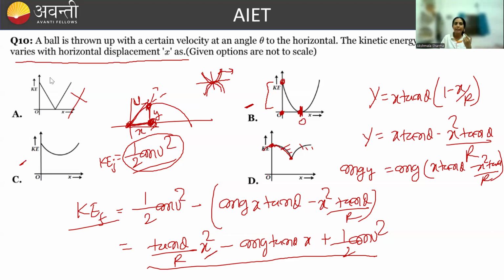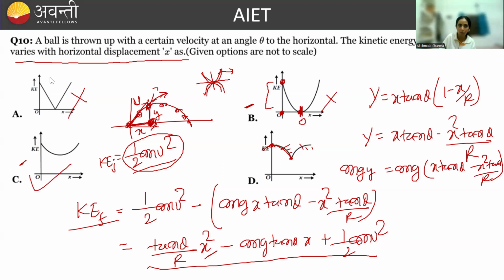But in projectile motion, kinetic energy doesn't become 0 at any position. As it goes up, the vertical velocity becomes 0 at the top point, but at the top point there is still a certain value of kinetic energy because of the horizontal component of the velocity. So here, kinetic energy is nowhere 0, so this option can't be true.